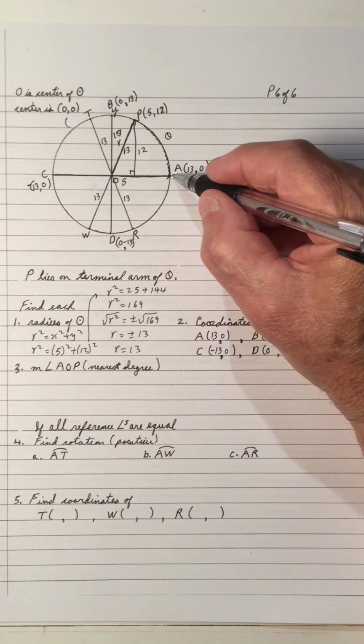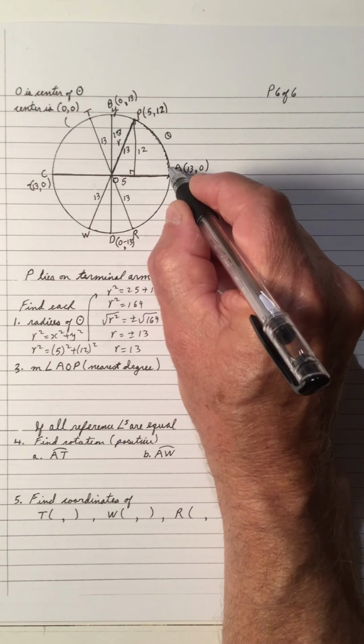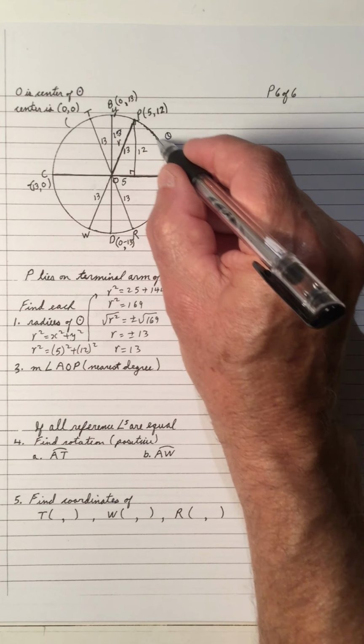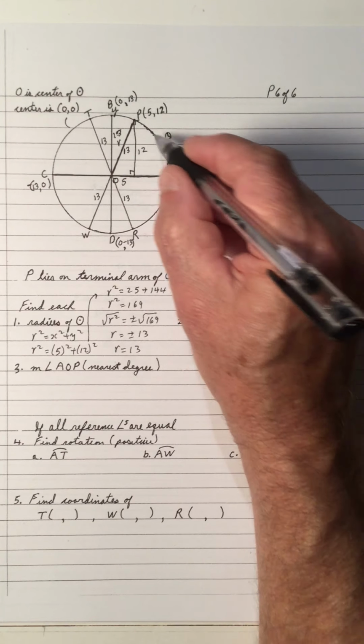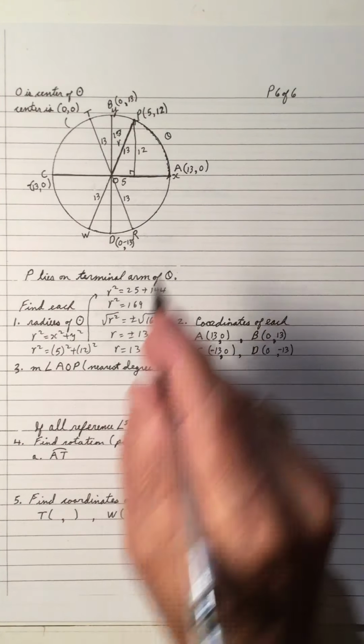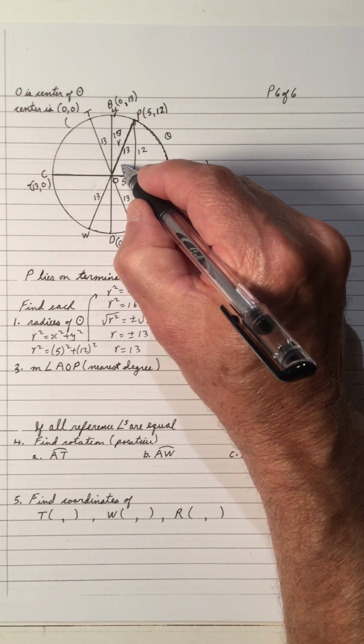So this is the point. The point 13, 0 is moving around on this circle. And as that point moves around, the coordinates of x and y change as it rotates. So let's get the measure of the angle AOP, this angle.